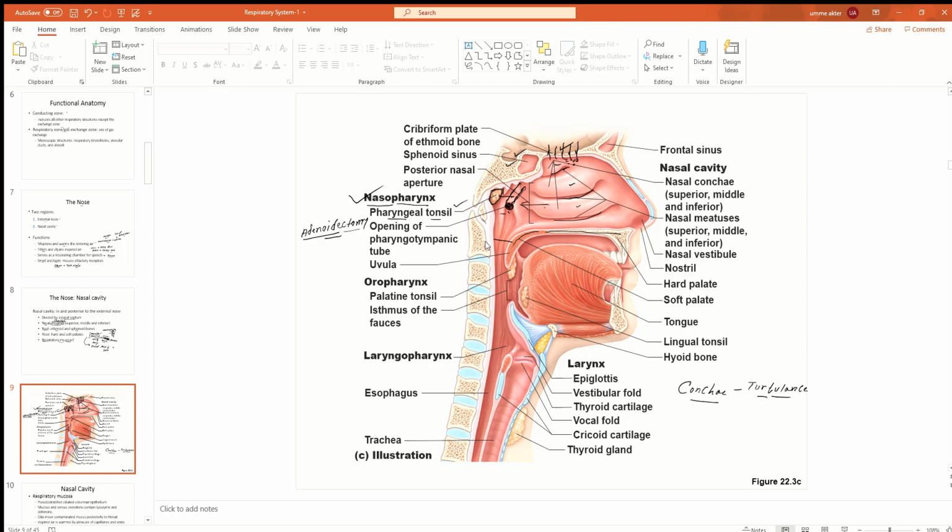Okay, in small children, this tube is short and more horizontal like this. So what happens because of the smaller head? The fluid from the nose can easily go to the ear and cause the ear infection. That's why small kids often get ear infection. As the head grows, the tube gets longer, makes sense.